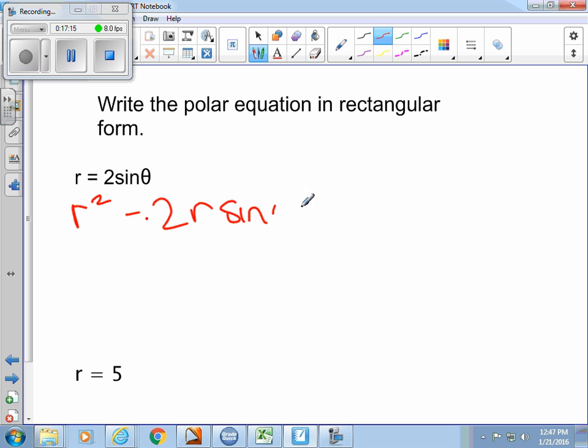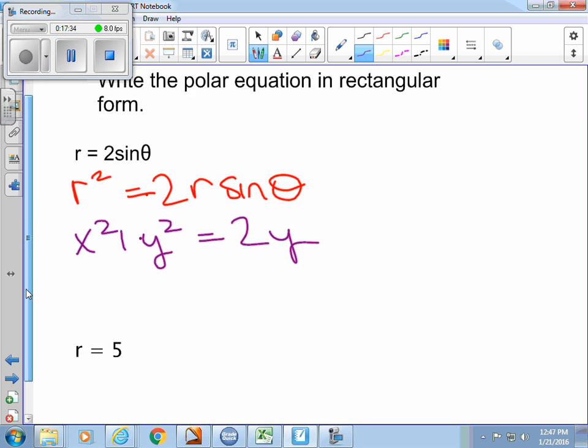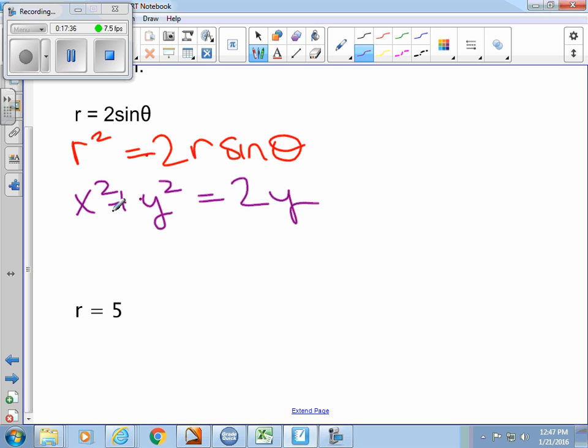Why do I like doing that? r squared's good. r sine theta is good, right? I get x squared plus y squared equals 2y. I'm going to spare you the solving on that. It is a conic section, but just for time purposes, we're just going to leave it like that.